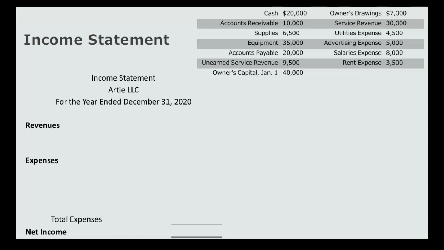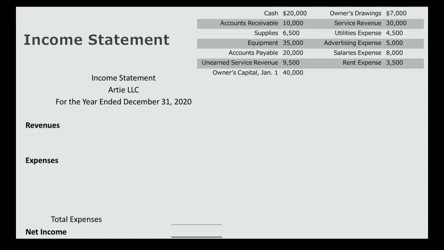So now we can start filling in this income statement shell. So the first thing that we want to do is take a look at all of our accounts and try to find our revenues. Right? So when we take a look at those account titles, we see 2 different accounts with the word revenue in it. Starting with unearned service revenue, and then we also just have service revenue. Well, unearned service revenue is a liability, right?